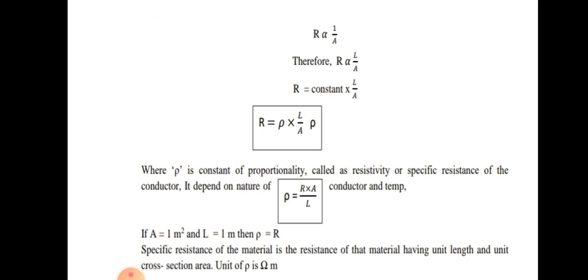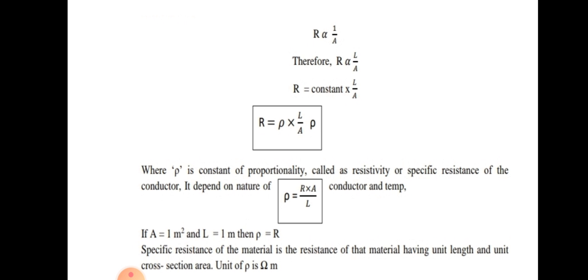If we want to express this mathematically, let's consider L is the length, A is the area of cross section. So the value of resistance is directly proportional to the length upon the area. Okay, now we need to remove the proportionality sign, so we need to take some constant, and here we have taken that constant as rho, and that rho is the constant of proportionality.